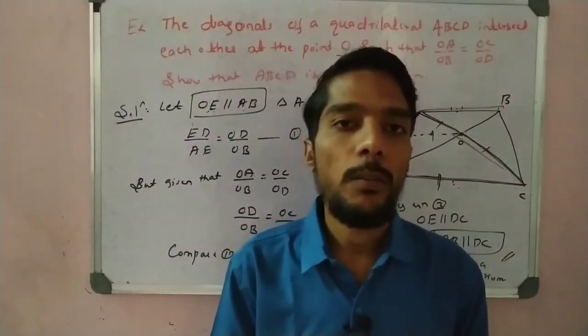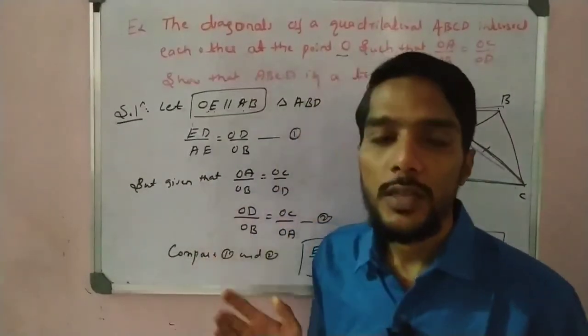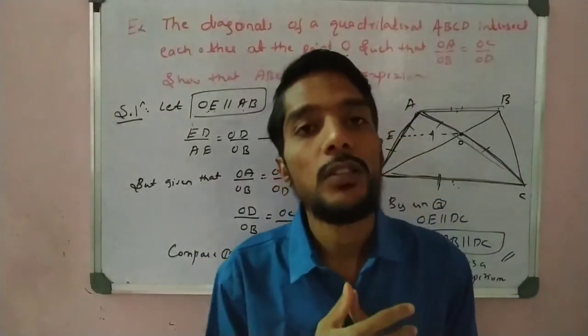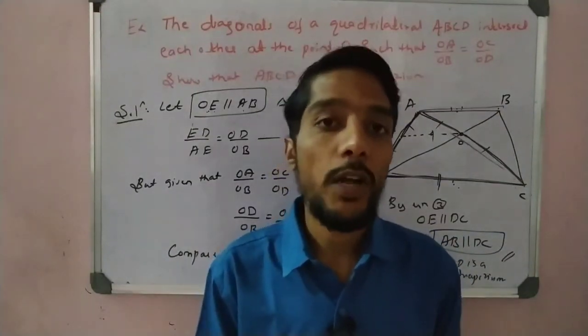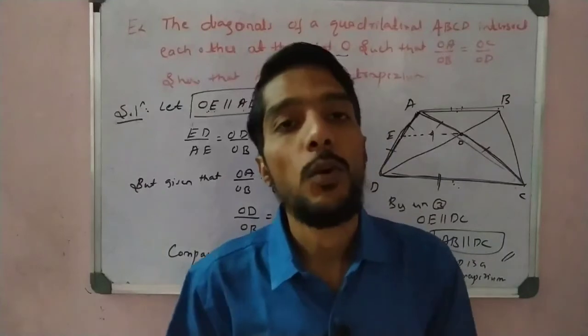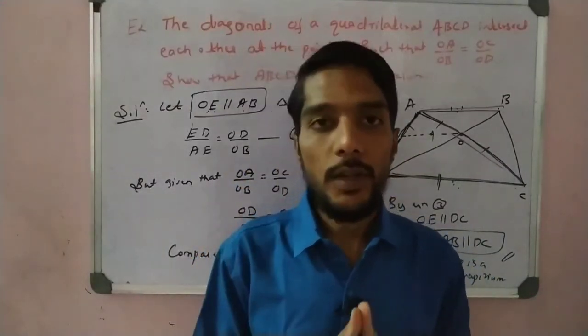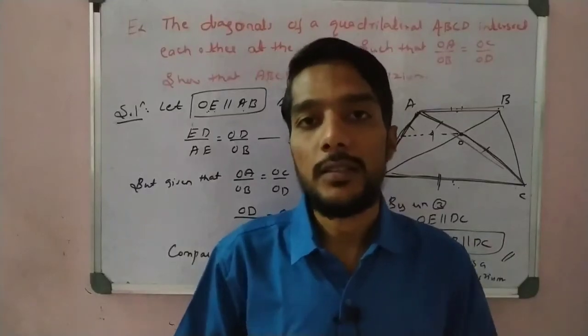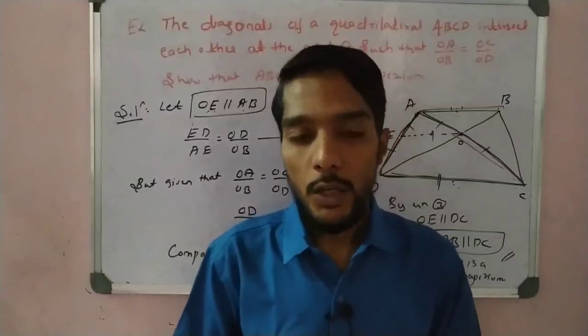So this theorem, we only get perfect when we have practiced more and more questions. Practicing more and more questions on BPT is the only way to get perfect in this concept and get full marks without losing any single mark.